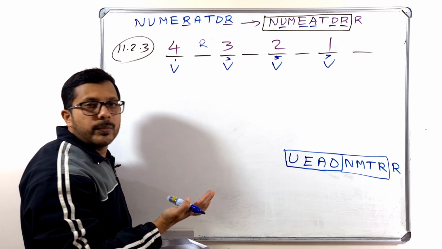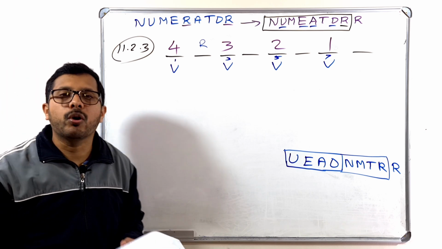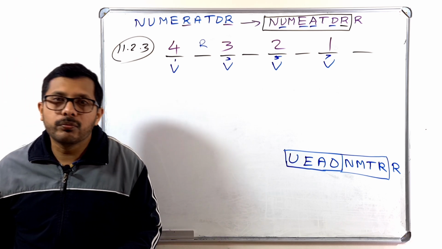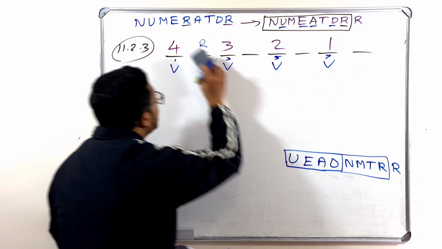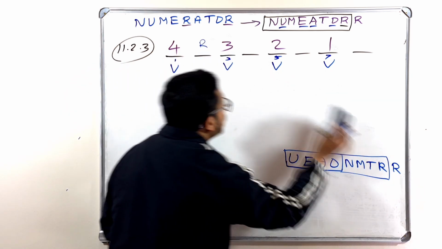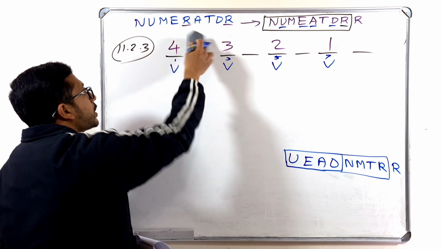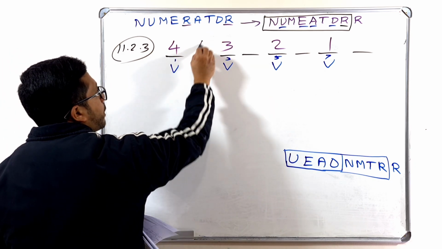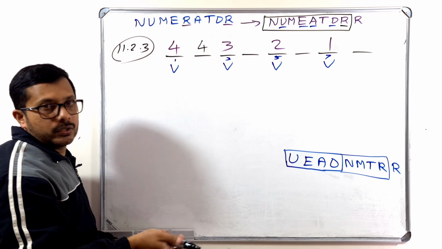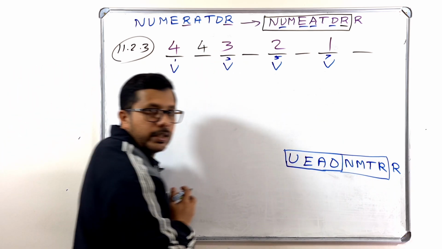Am I right? That means for this position to be filled, I have only 4 options, not 5, because putting this r here or this r here is the same thing. Repetition is not allowed, so 1 is gone, and 3 remaining.